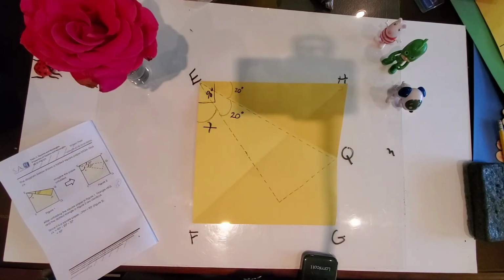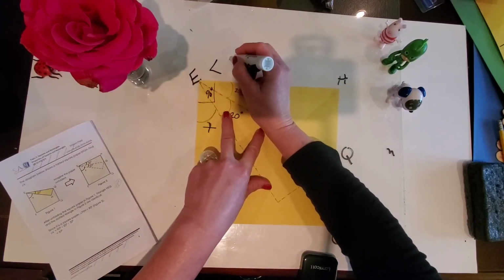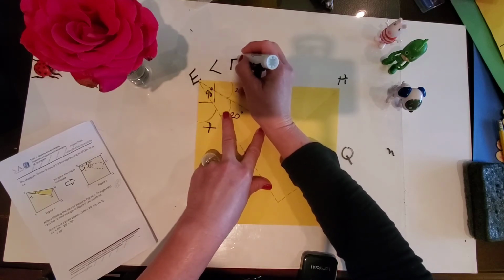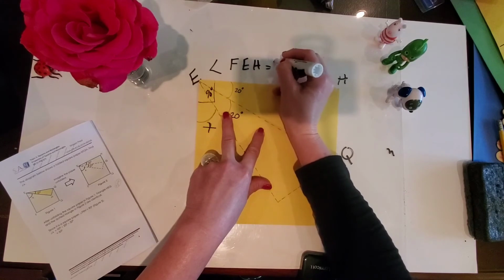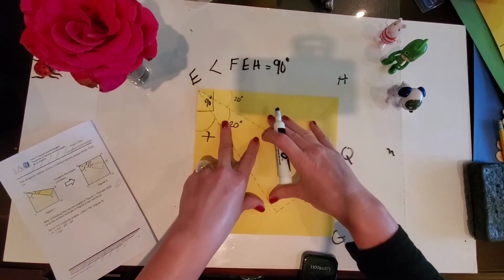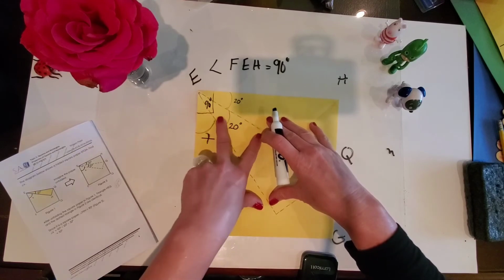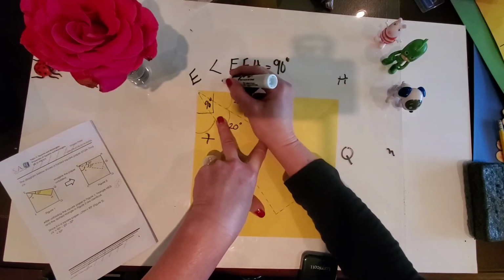Since it is a square paper, we know that angle FEH equals 90 degrees, right? So we could just plug in the answer with all the information we have here to solve the problem.